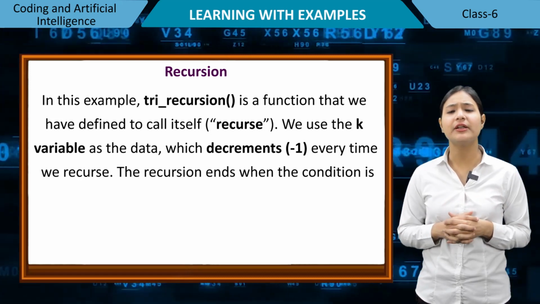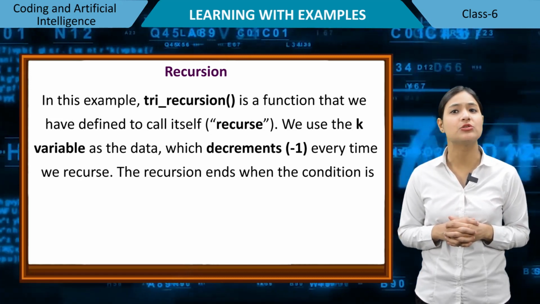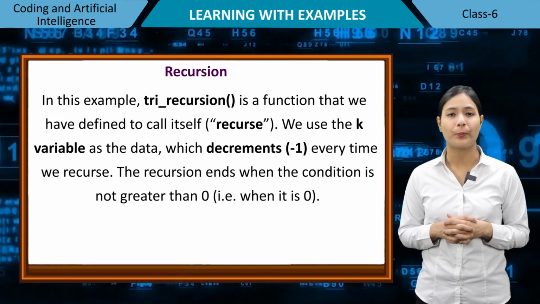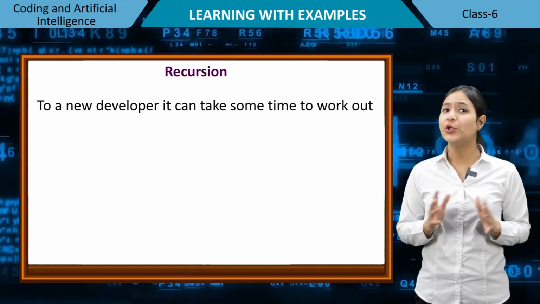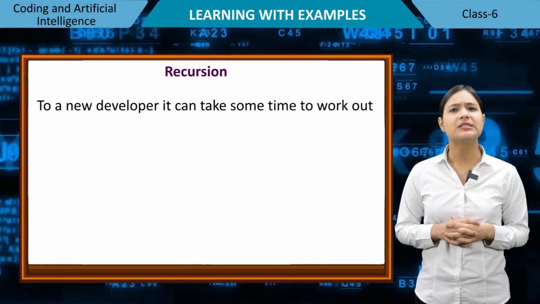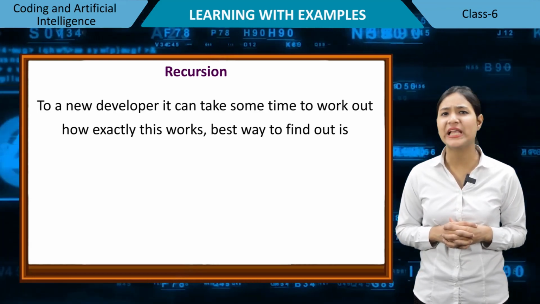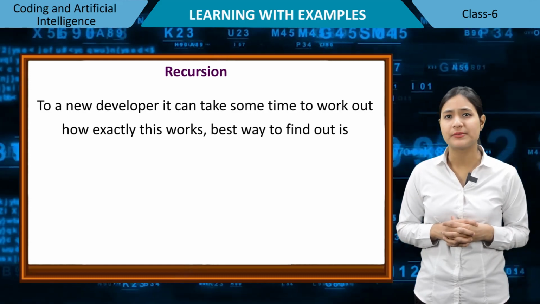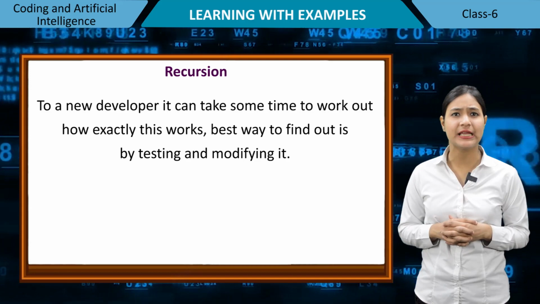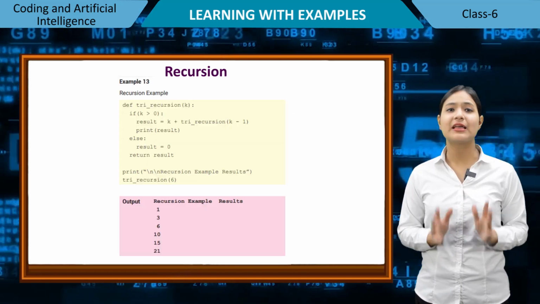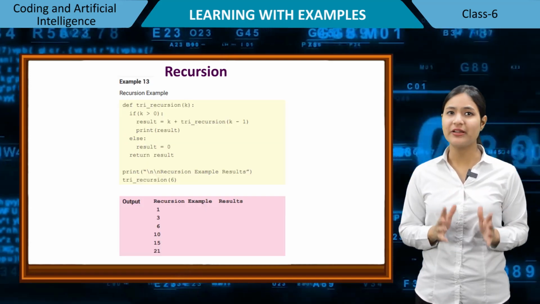The recursion ends when the condition is not greater than 0, that is, when it is 0. To a new developer, it can take some time to work out how exactly this works. The best way to find out is by testing and modifying it. Example 13. Recursion example.